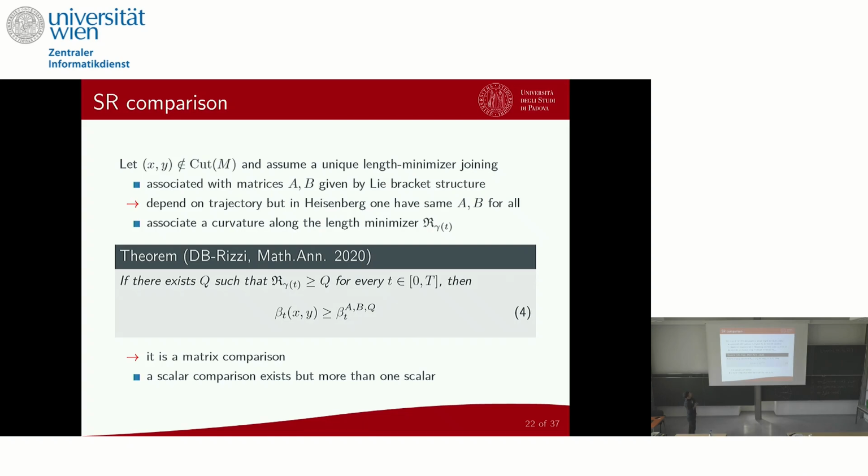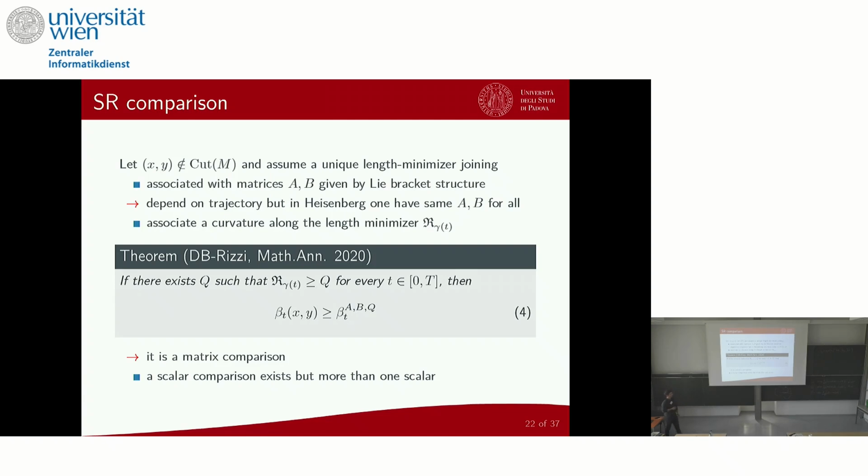So if you take two points and the minimizer joining them, you can, by a sort of algorithm, associate the two matrices A, B, which are given by the bracket structure, a sort of curvature along this curve, and if you have a bound on the curvature, here it is a matrix inequality, then you can produce a bound on the distortion coefficient.